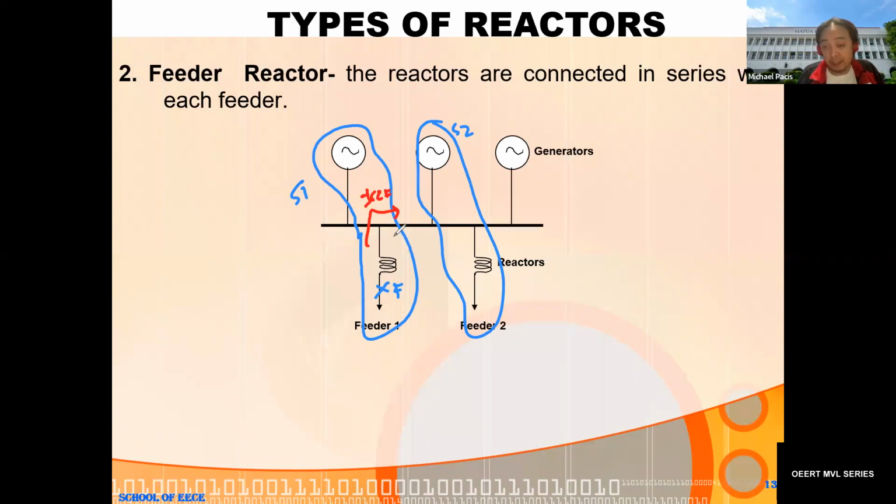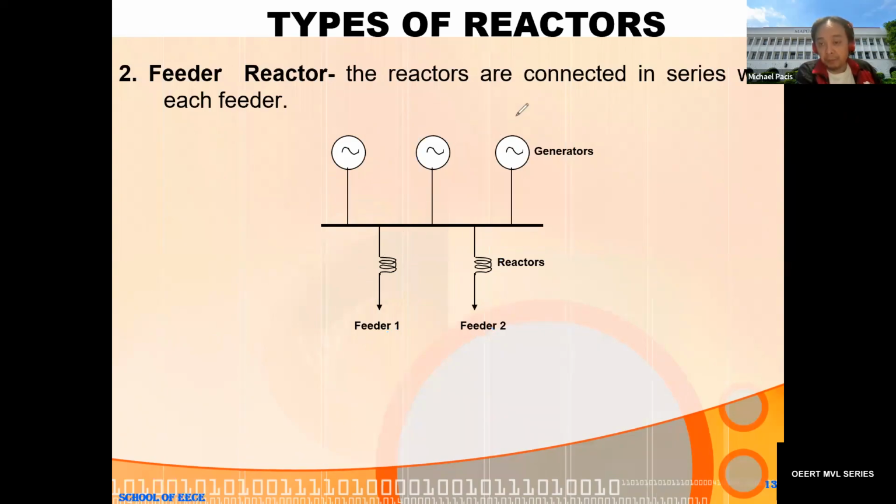Extinguished na siya, right? Na-open na your circuit breaker or your fuse. It's already in minimal state. Or in other words, extinguished na siya because of the reactor which is placed on your feeder. So before it escalates, the fault is already in a minimum condition or minimum state.